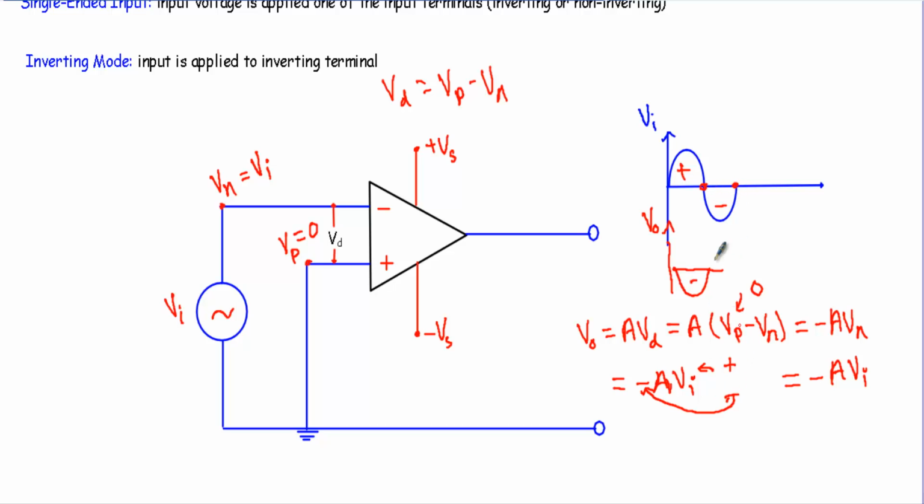If I multiply all the instantaneous values of the negative half cycle with this minus sign, I will get an amplified output voltage of our input signal. Therefore, for inverting mode, Vi and Vo will be 180 degrees out of phase.